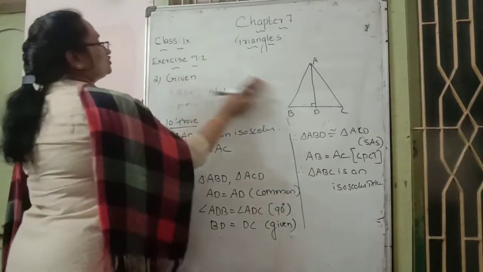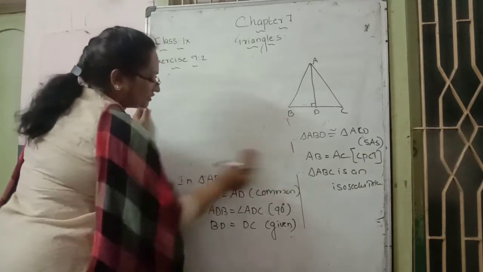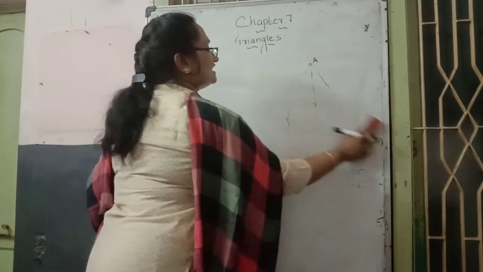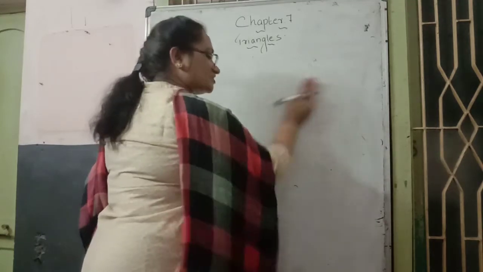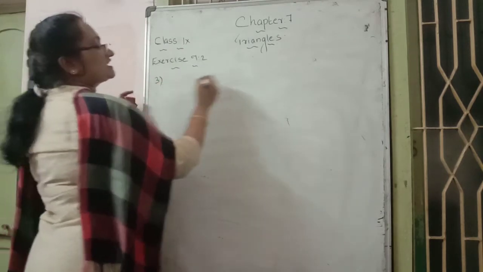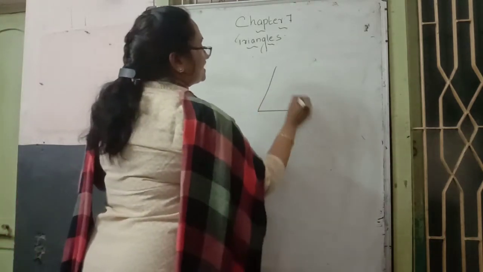Then next we go to the third question. In the third question, what they tell us is that there is one triangle. They informed that triangle ABC is an isosceles triangle.